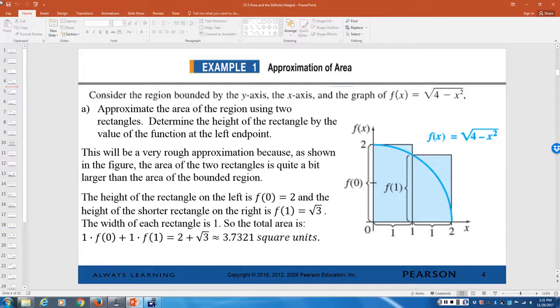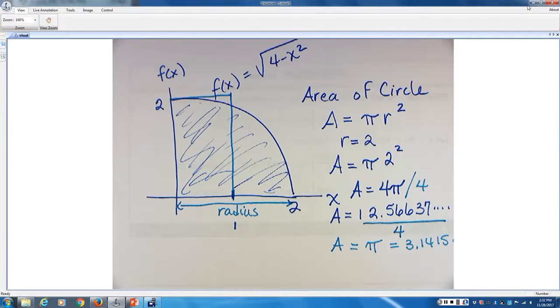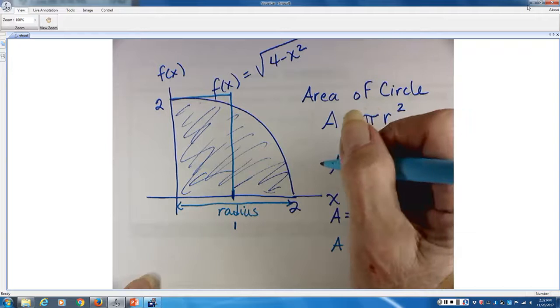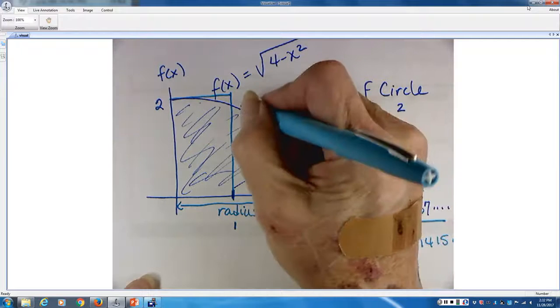So if I was trying to approximate it, and I don't have a good rationale for why we would want to approximate it, other than later on, nothing is going to be as easy as using a circle for the formula. What I could do is divide this radius at the 1 mark, and I can make a rectangle that's 2 units tall, and then make another rectangle.